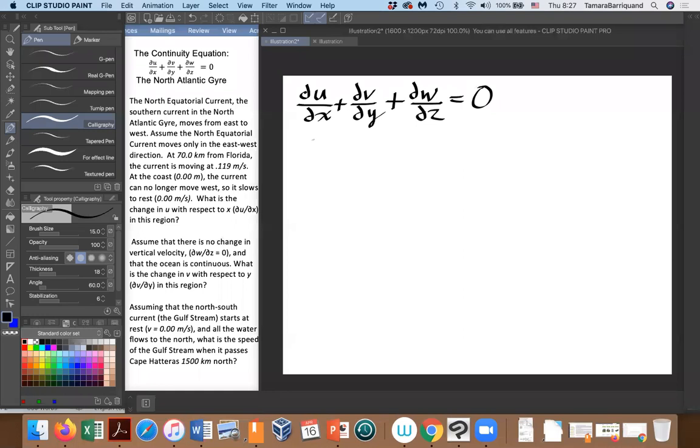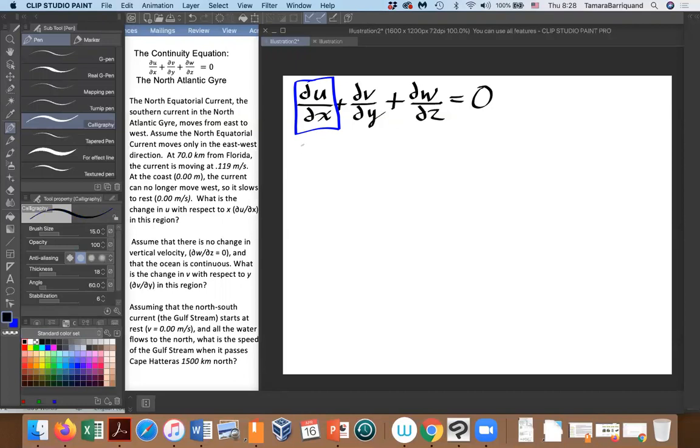That's our continuity equation, and the first piece we're going to look at is what's going on with du/dx.